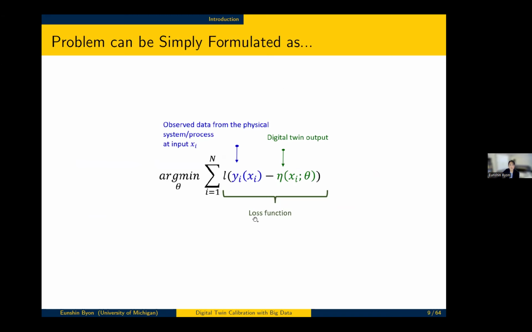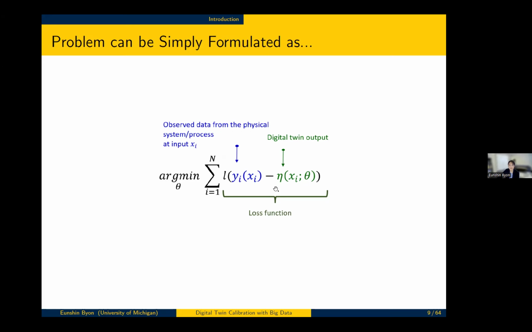The problem can be simply formulated as this equation, very simple. Here we have n data points from the actual system, like a wind farm, and L is a loss function. Y is the observed data from the physical system, and Xi is the input, the operating condition, like wind speed, turbulence intensity and other environmental factors.